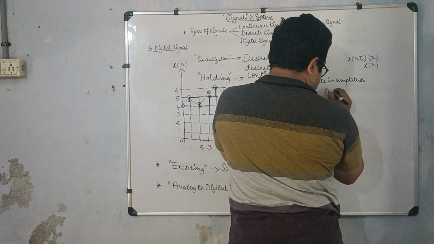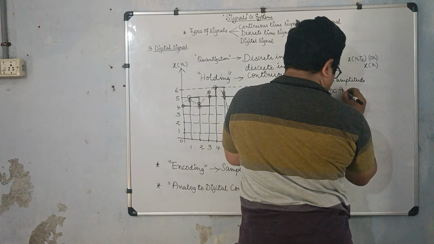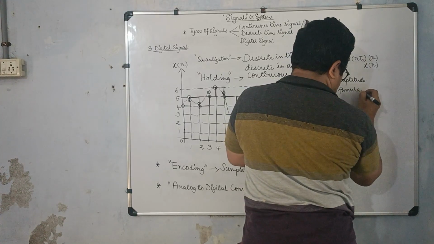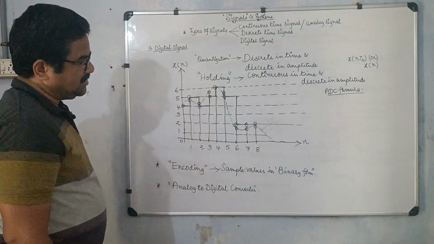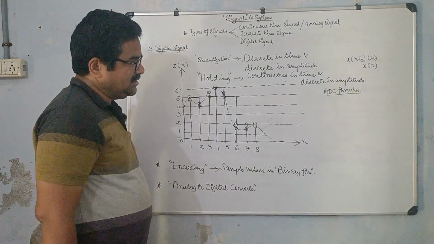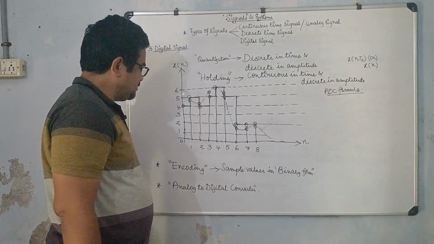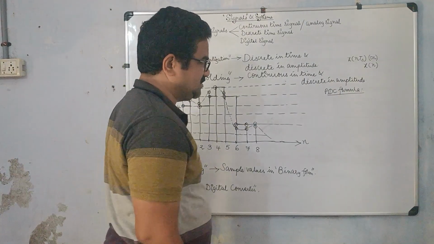The ADC conversion formula. Anyhow, this is not our topic at this point of time, but still we'll try to understand how it is going to convert into digital form or binary form with a simple example.